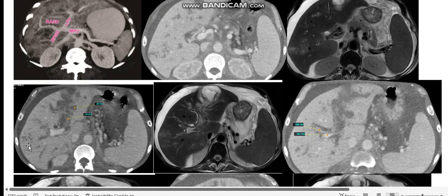Okay. So the left portal vein branch is not enhancing here, and there is a filling defect. This is the normal enhancement. There is a filling defect in the left portal vein branch with 67 Hounsfield units.